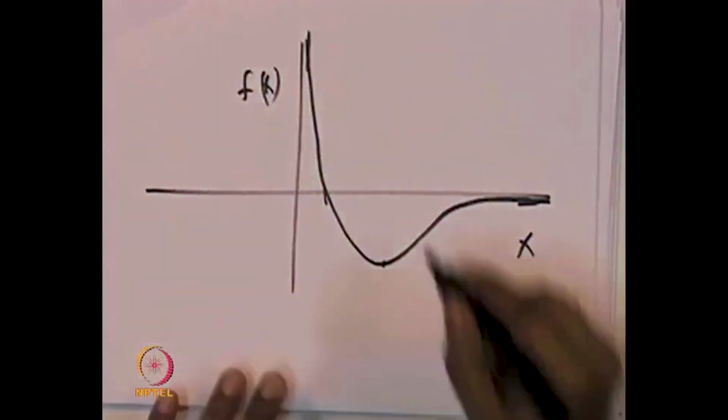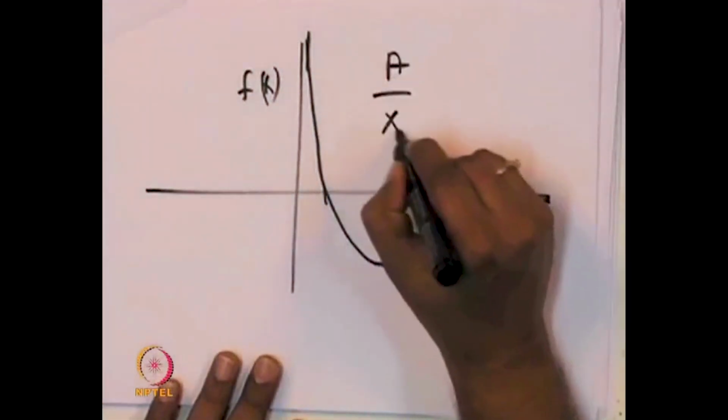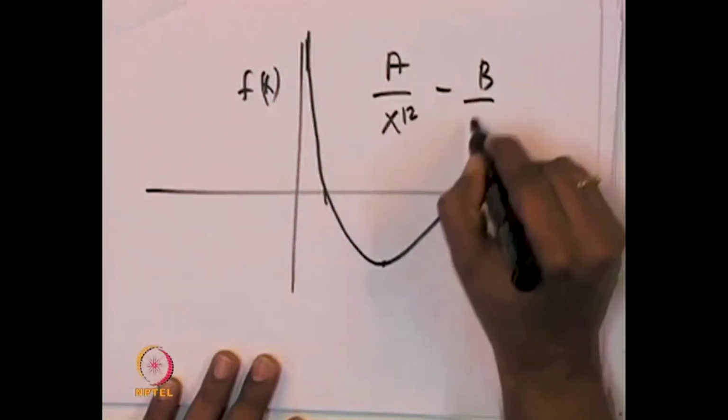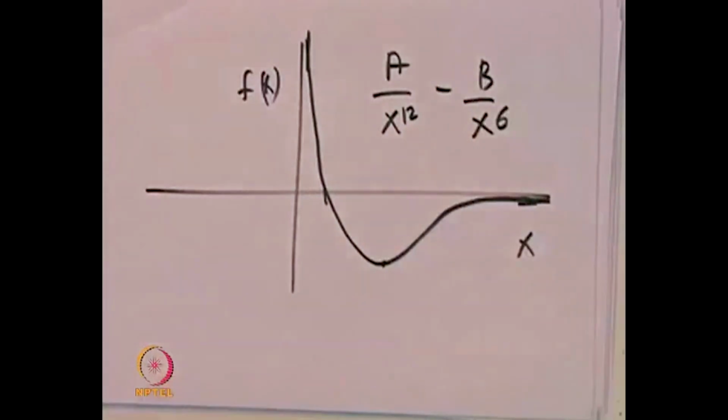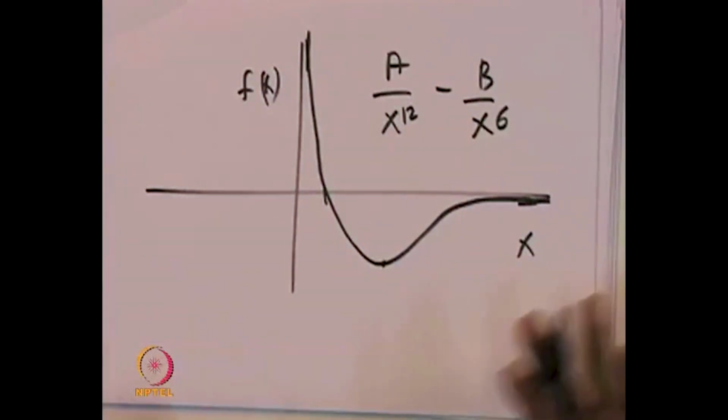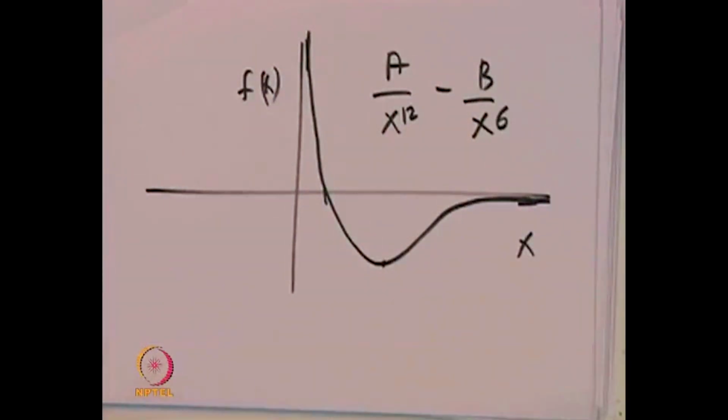So, this will be a by x power 12 minus b by x power 6. I am doing it in a hurry because in this lecture I already described the protocol and an example. I quickly wanted to tell you that you can use this example in an assignment or as a take home question, and do this plotting yourself.